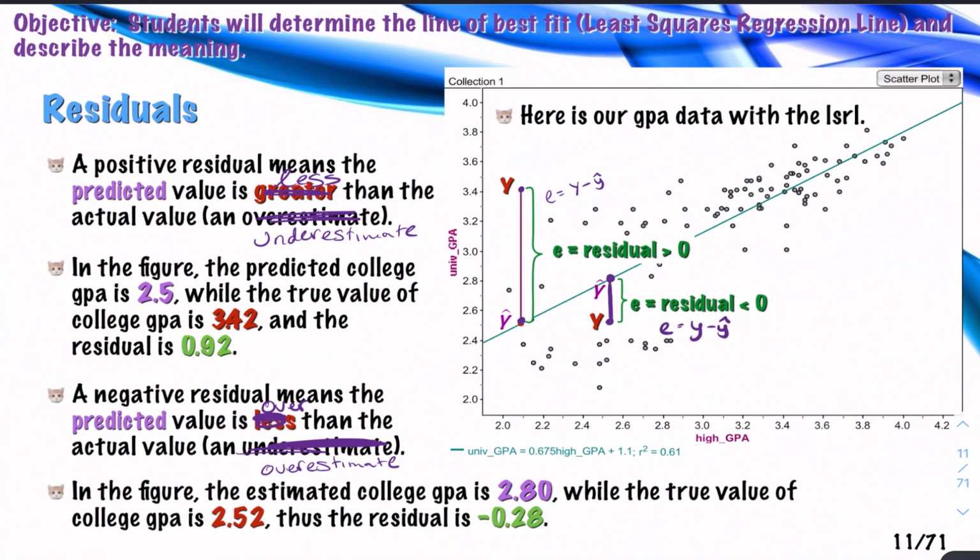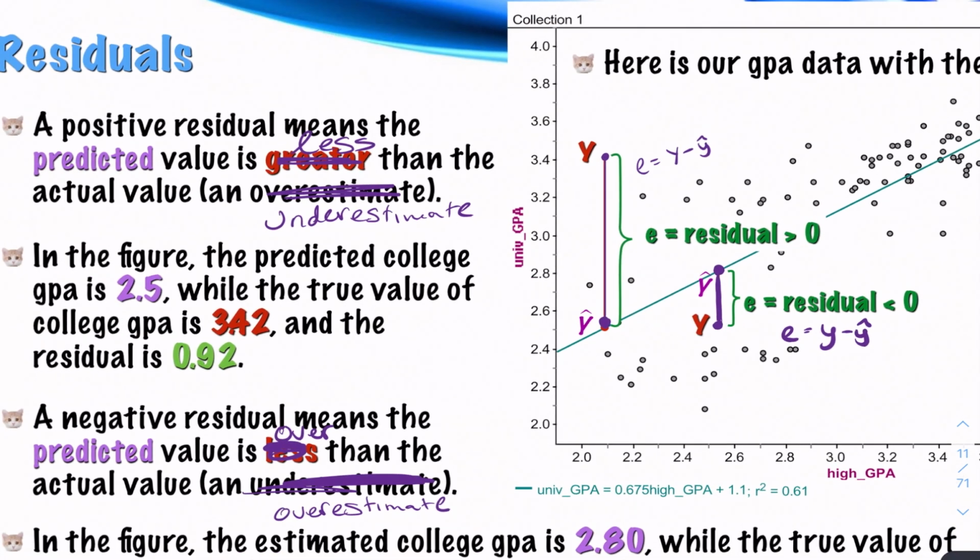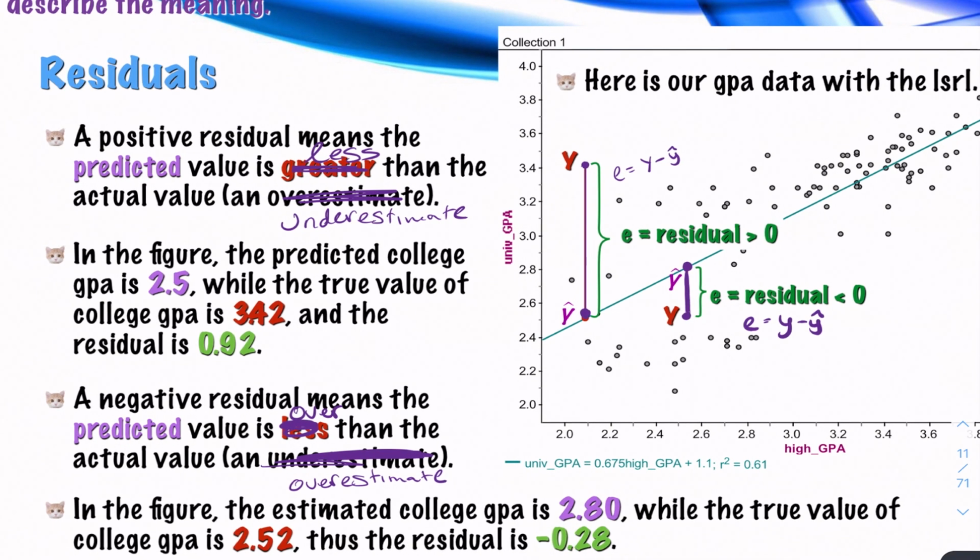For example, in the figure, the predicted college GPA is 2.5. So if we go to 2.5, there's our model, while the true value of the GPA is 3.42, with a residual being 0.92, as you can do.